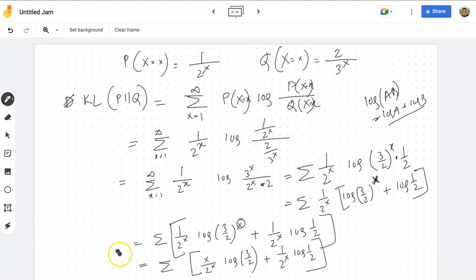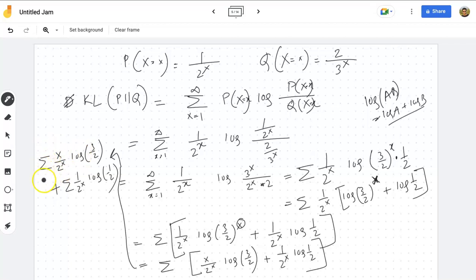Now just let's do it here only. So just move this summation inside, for each individual term. So let's put the summation. So what will be the first summation? First summation will be summation x by 2 to the power x log of 3 by 2 plus summation 1 by 2 to the power x log of 1 by 2.